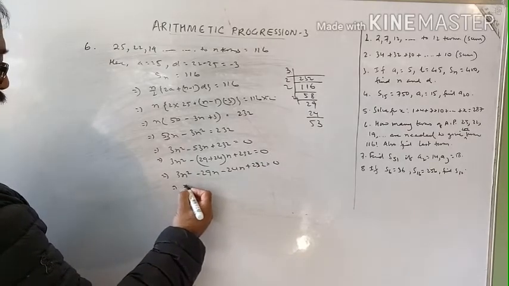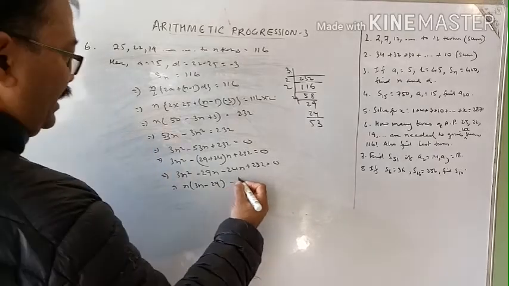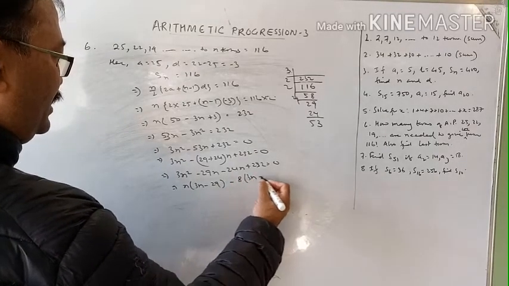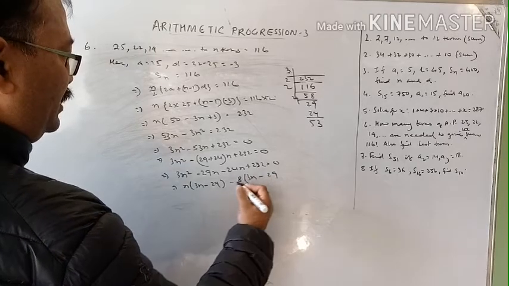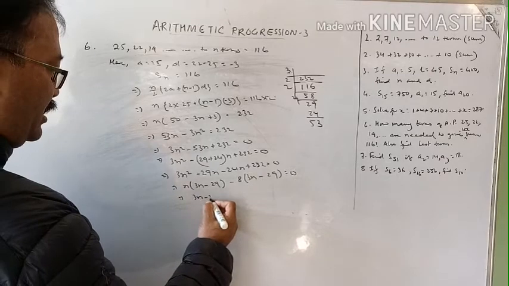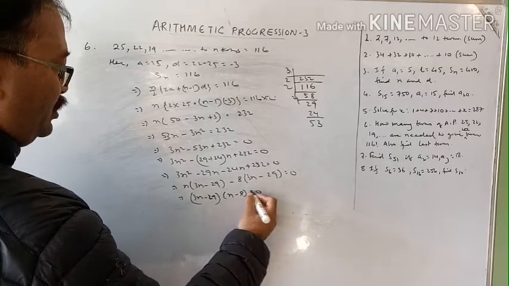If you take n common, you get 3n minus 29. If you take minus 8 common, then you get 3n minus 29. So this will give you (3n minus 29) into (n minus 8) equal to 0.